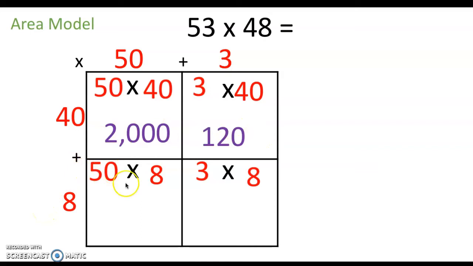Now let's go on to 50 times 8. 5 times 8 is 40. But we have to add on 1 more zero. We can't forget that zero. Last box, 3 times 8 is 24.